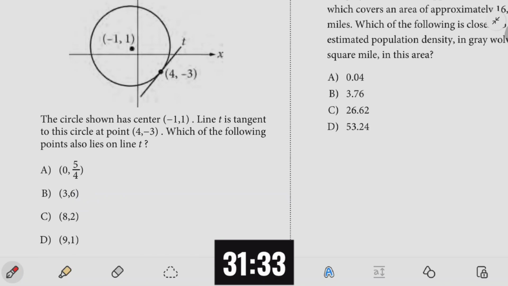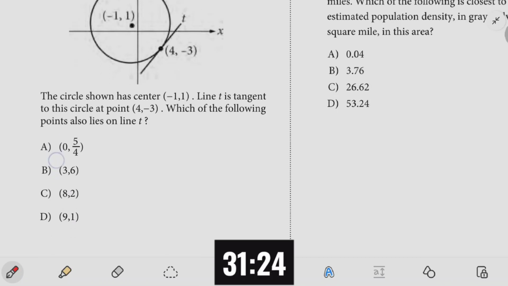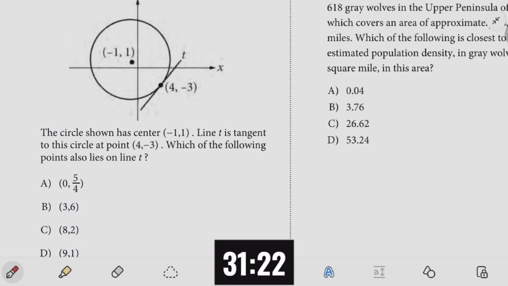There's no way. Damn, okay. Do we need to... I have to use unit circle for this, don't I? The slope of 1, it will be a slope of 1.